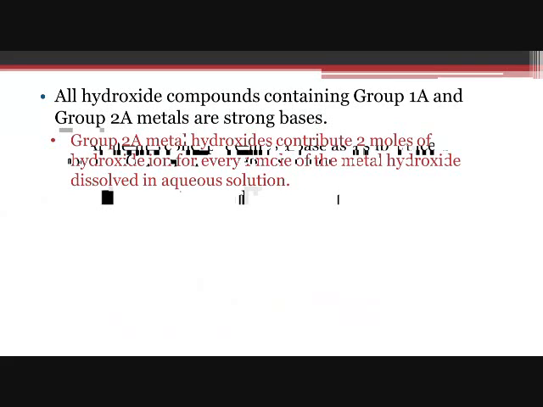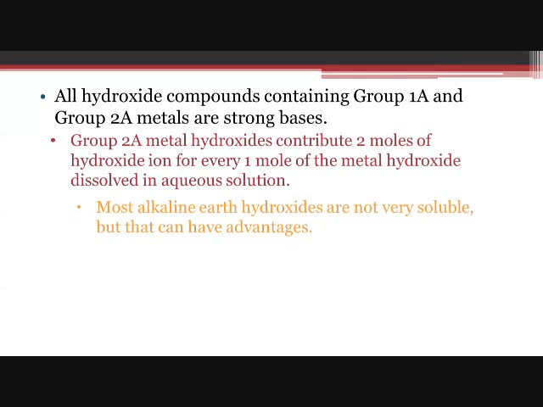But it's important to know that group 2A, since it has a +2 charge, will actually contribute 2 moles of hydroxide. So the concentration of the hydroxide ion is twice as big because it has 2 for every 1.